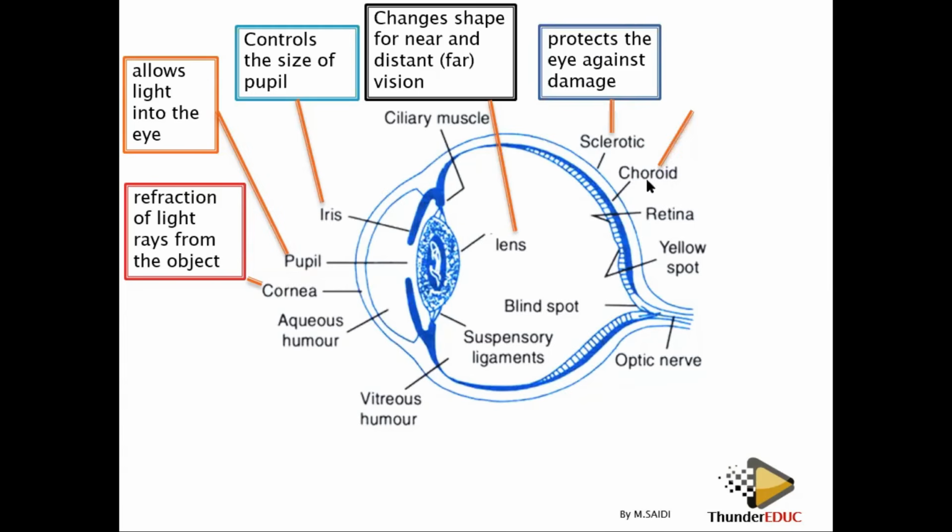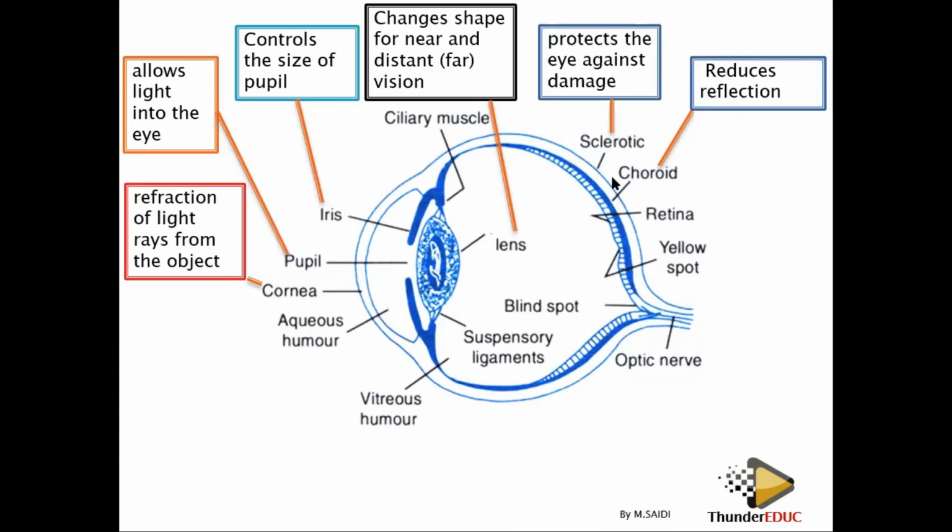Then you have another part which is called the choroid. This is the dark part of the eye. This part is dark. It is very important in reducing refraction. So why is it important? When the light rays come, they are being focused on the retina.